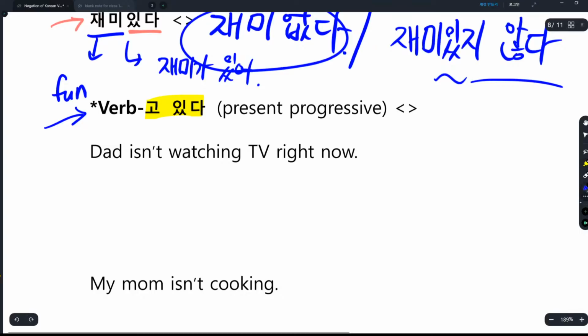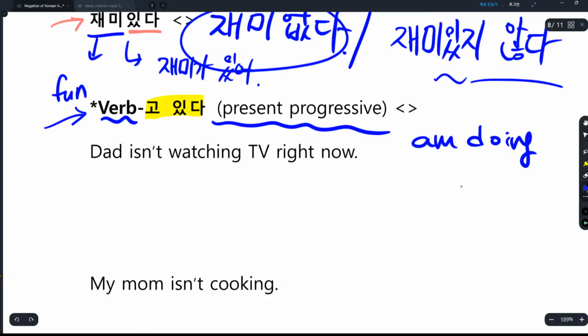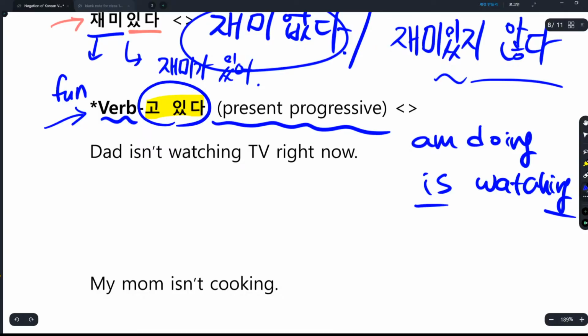But to briefly mention, it's basically making a verb into a present progressive, like I am doing this rather than I do this, or she is watching TV. By putting 고 있다 after the verb stem, you make the verb into present progressive.